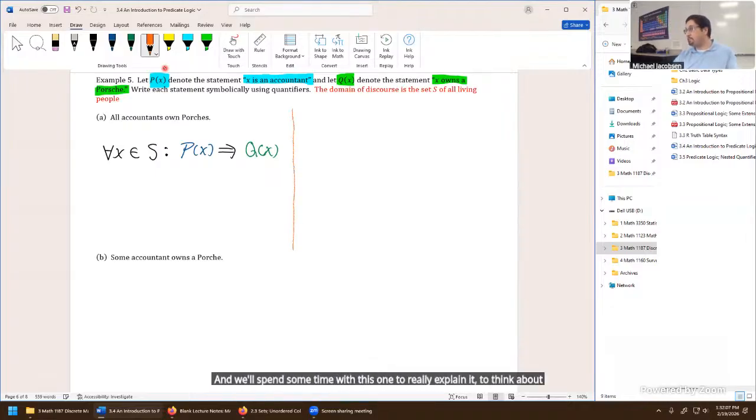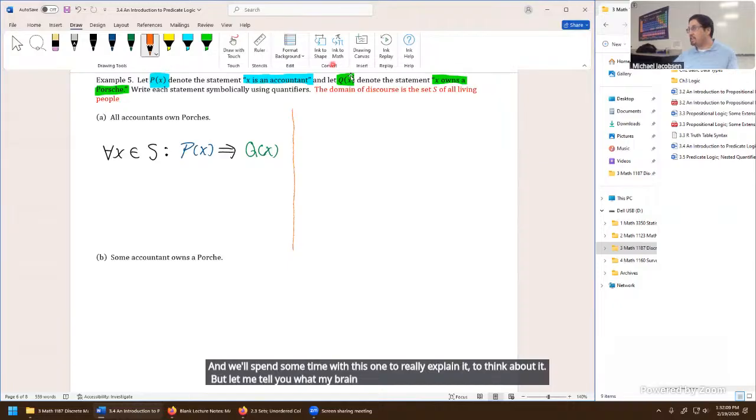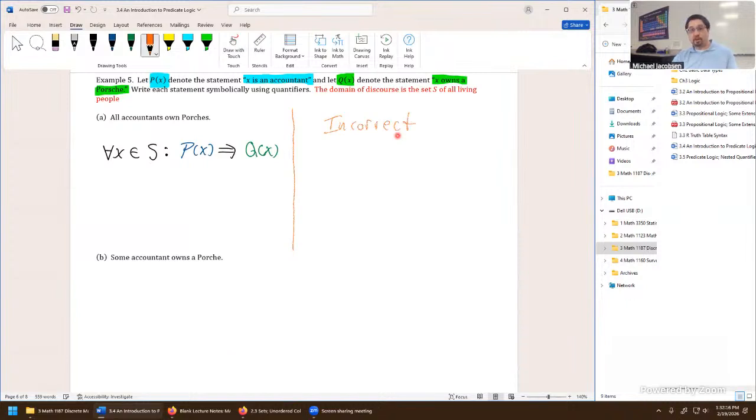But let me tell you what my brain kind of defaults to, the incorrect answer. It's incorrect to say that this is a statement for all X in S. My brain wants to write down P of X and Q of X. But this one is absolutely false.